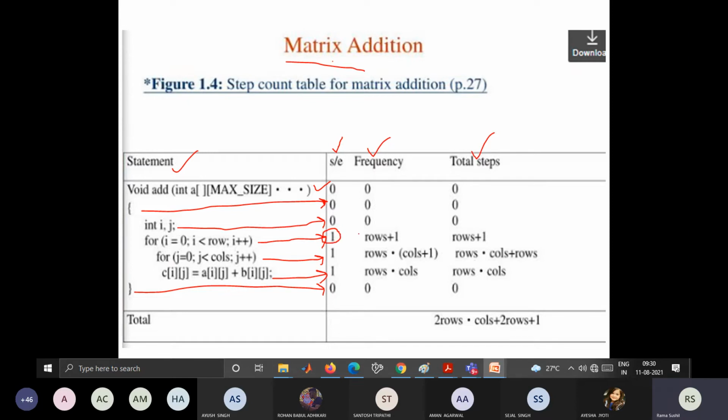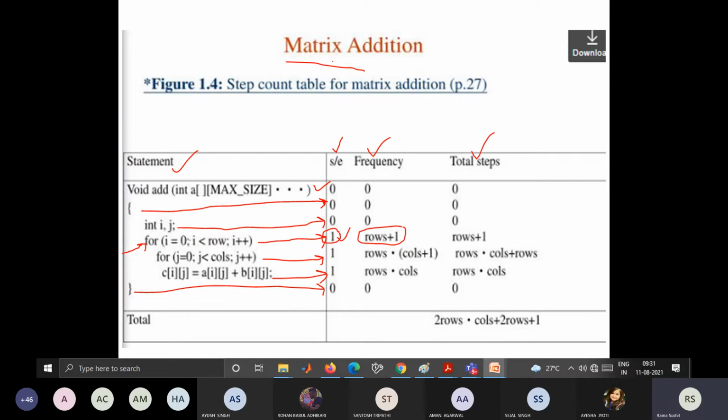and here it is said the number of times it will execute is rows plus 1. How many times will it execute, rows plus 1? It is very much obvious. You will consider it's one for loop, so one time it will execute. But for the total frequency, you have to see how many times it can run. Because it is from 0 to less than row, it is going to give the false value when the value becomes equal to row.